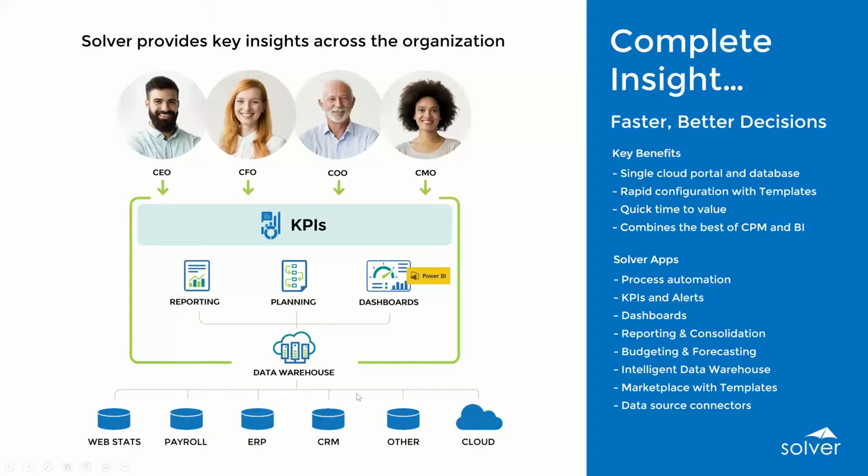And then of course, if you want to bring in any other data source, you can use either another pre-built connector or a generic connector to do that. So once all that data is in the data warehouse, and this is really the foundation of everything within the Solver environment, now you have the ability to report off of that data. You can plan, do your budgets and forecasts off that data, and then of course be able to do dashboards.